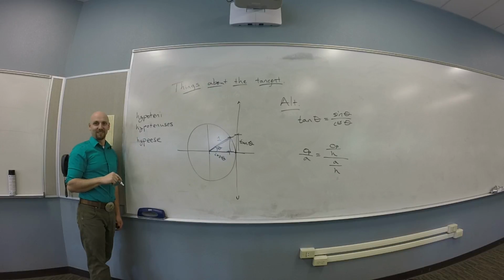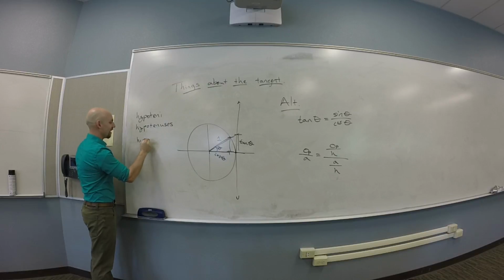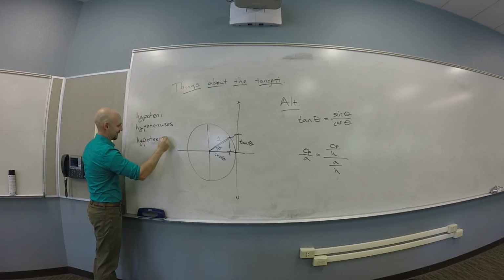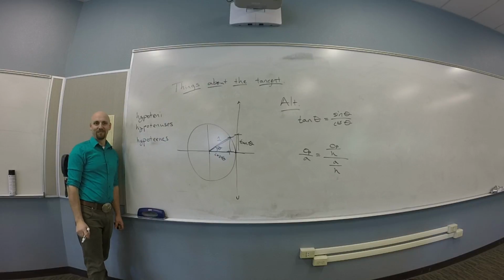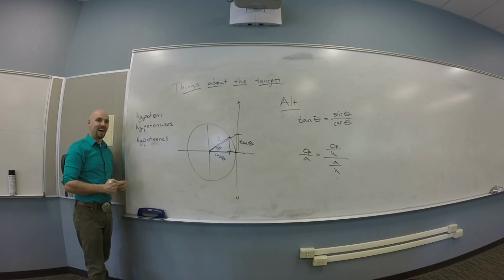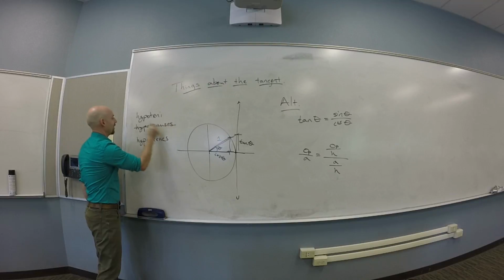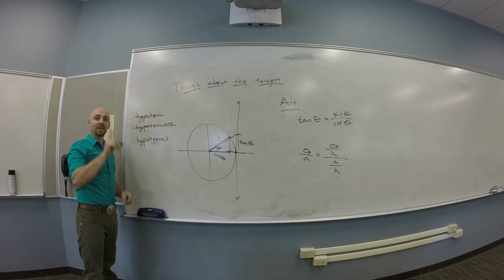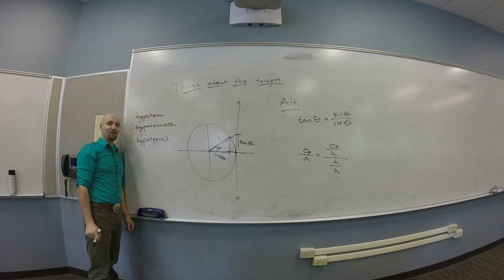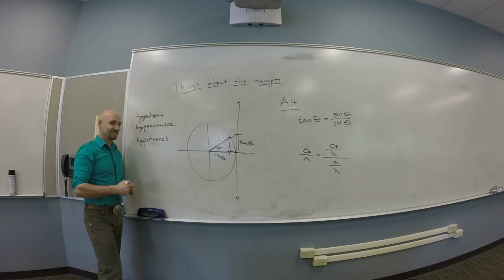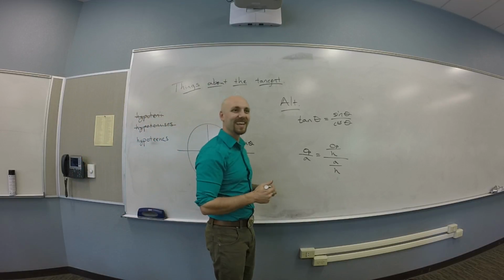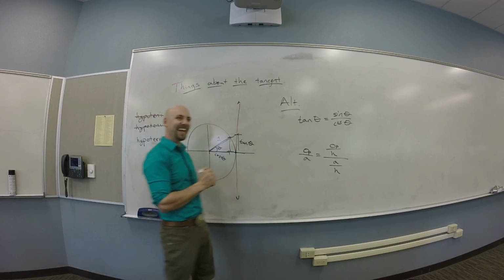I don't know what the answer is. Currently it's hypotenuse. Because in math class I'm allowed to define things the way I want, I'm going to go with hypotenuses. Is that going to be on the exam?